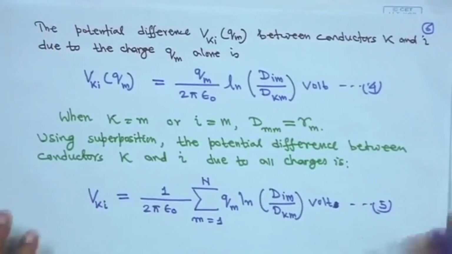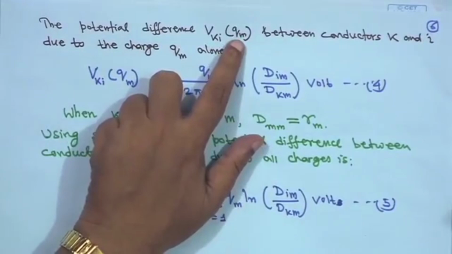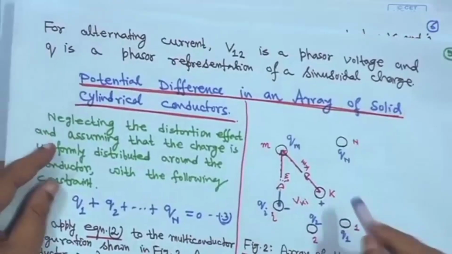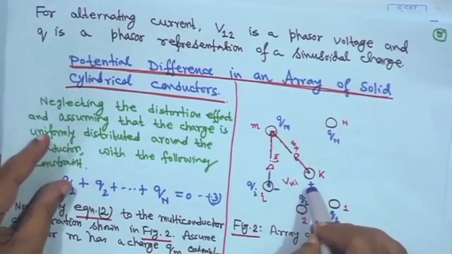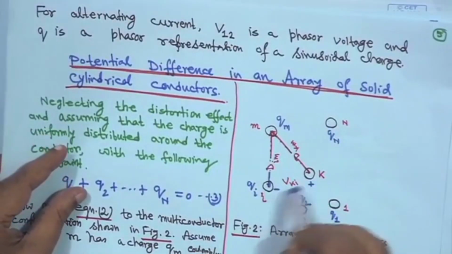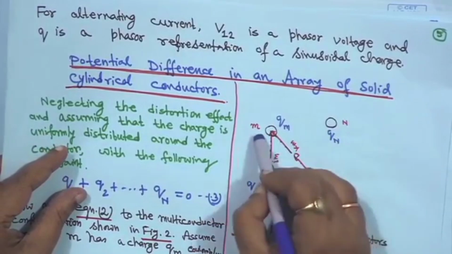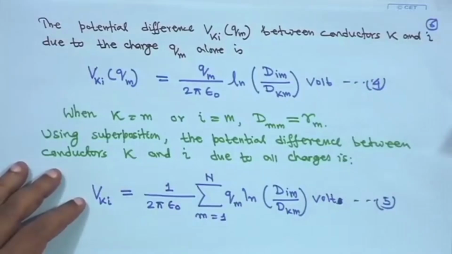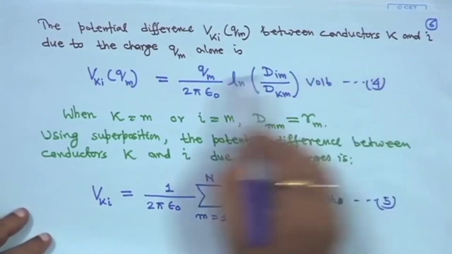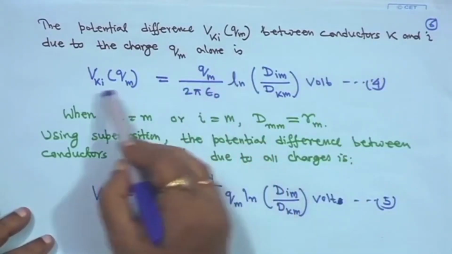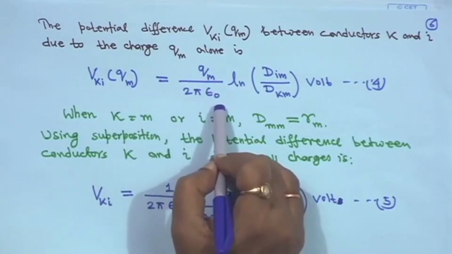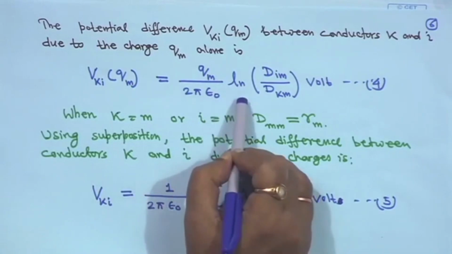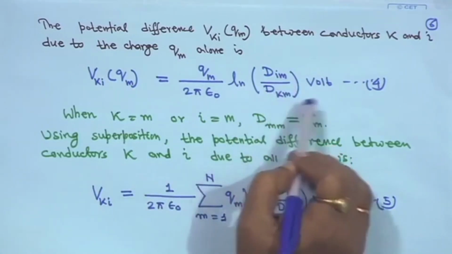The potential difference Vki, due to the charge qm alone, is written as Vki in bracket qm, equal to qm upon 2 pi epsilon 0 ln dim upon dkm volt.